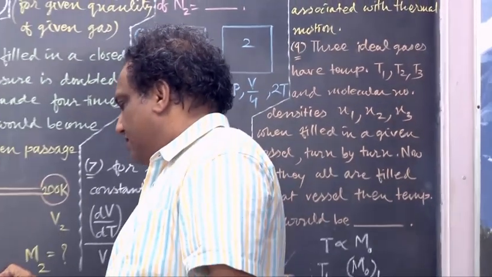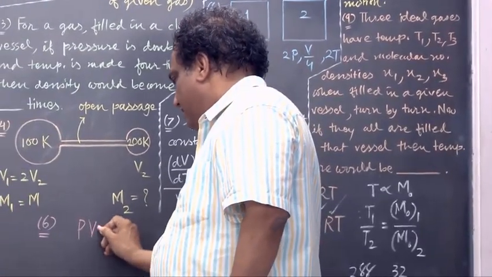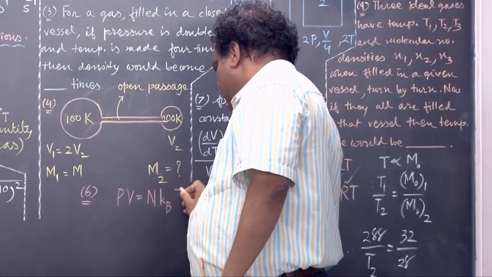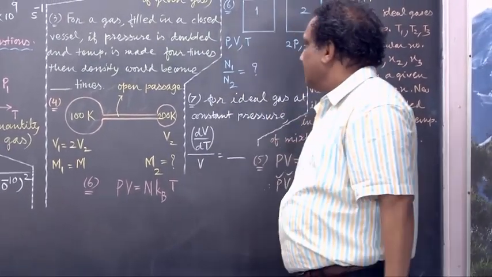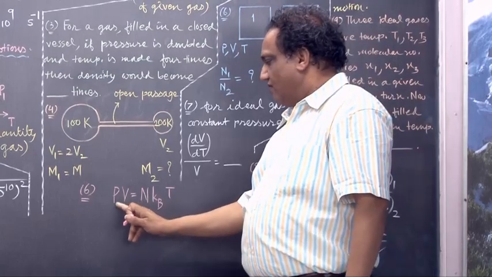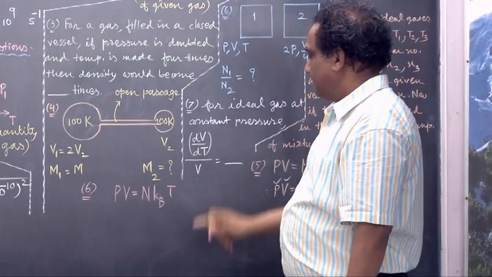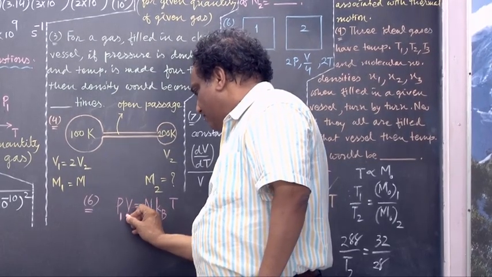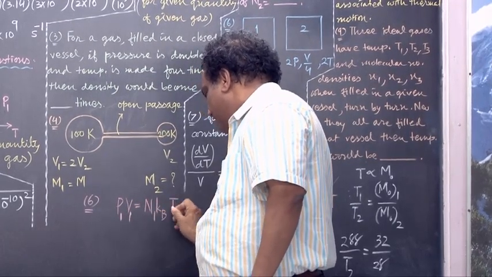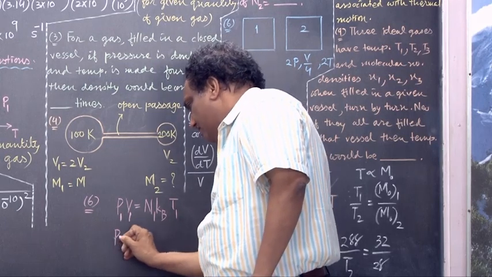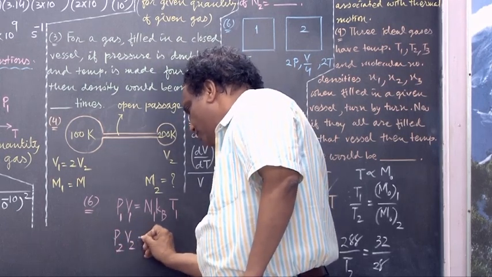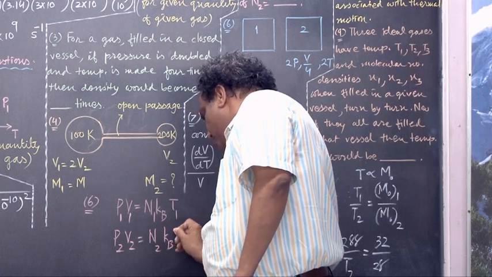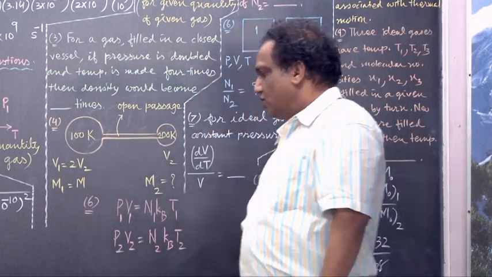Don't you know this equation? Come on. P into V equals N KB into T. Correct? Come on. Ready for first and second vessel. For the first vessel, P1, V1 equals N1 KB T1. For the second vessel, P2, V2 equals N2 KB into T2. Take the ratio.